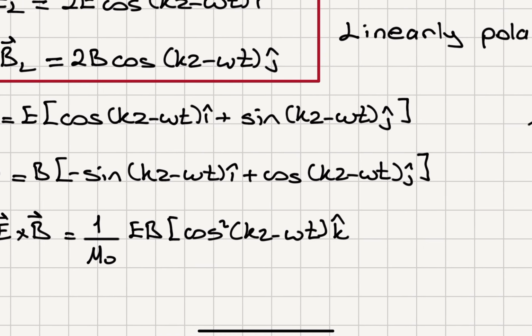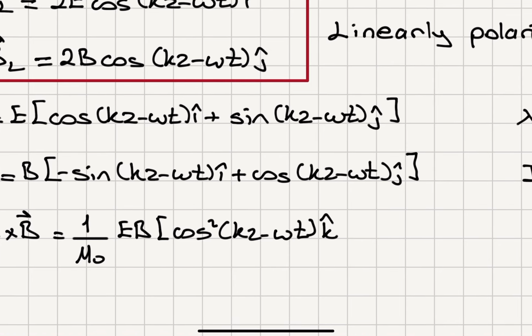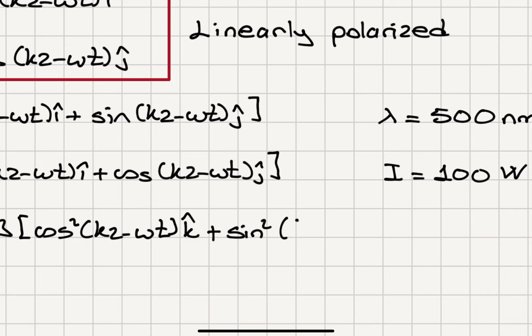j hat cross j hat is 0, but j hat cross minus i hat is going to give me k hat. i hat cross j hat is k hat, j hat cross i hat is minus k hat, so j hat cross minus i hat is k hat. So this is going to give me plus sine square (kz minus omega t) k hat.